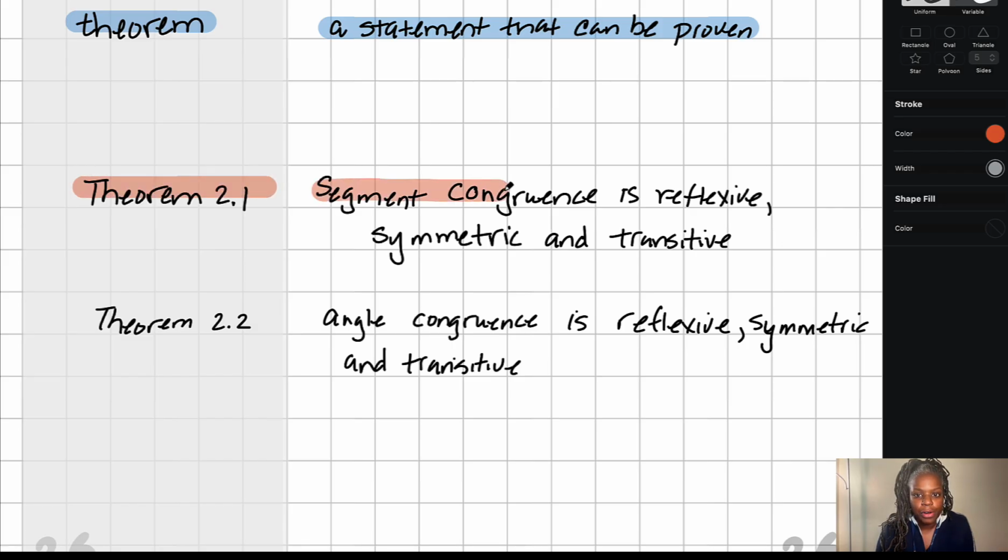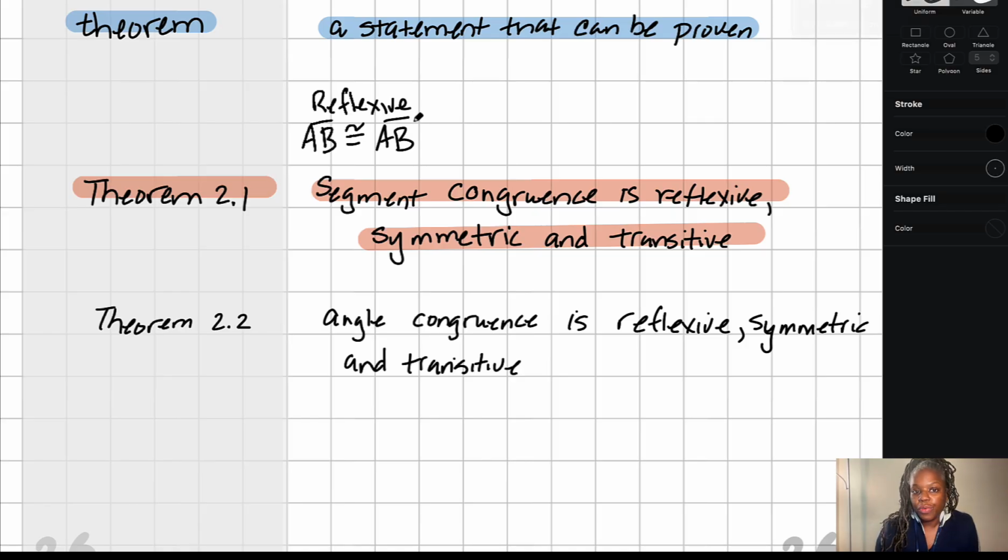Theorem 2.1 is about segments. Segment congruence is reflexive, symmetric, and transitive. If you remember those words from before, this will make perfect sense. So basically what we're saying is if you've got segments that are congruent, you can relate them in the following ways. Reflexively, we know that segment AB has to be congruent to itself.